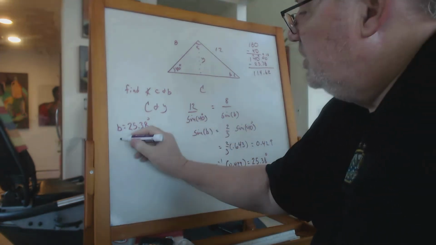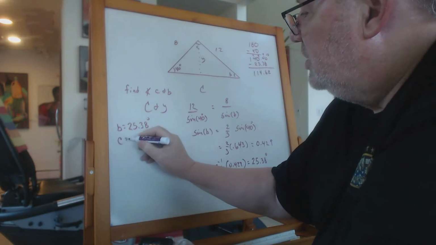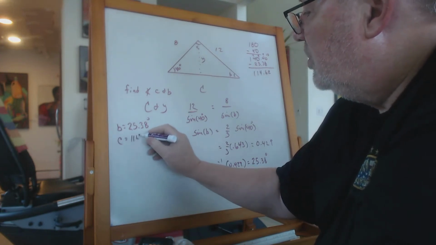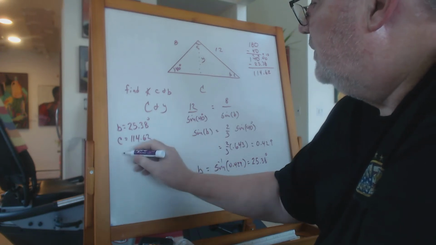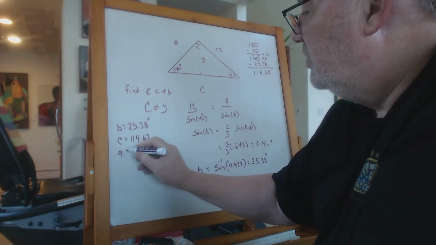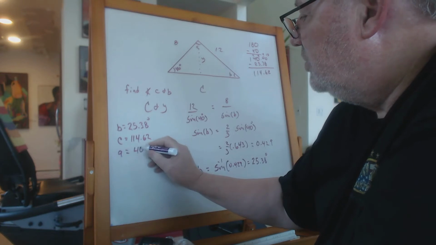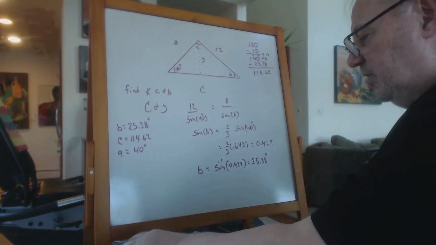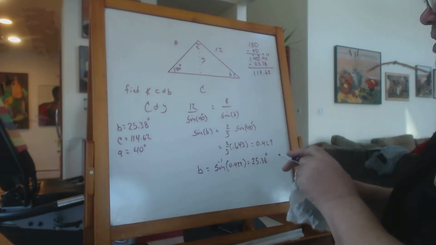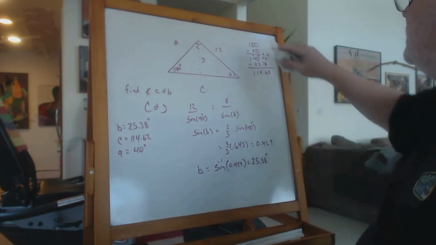So C is 114.62, and we have A is 40 degrees. And you add them up, and that should be 180 degrees.